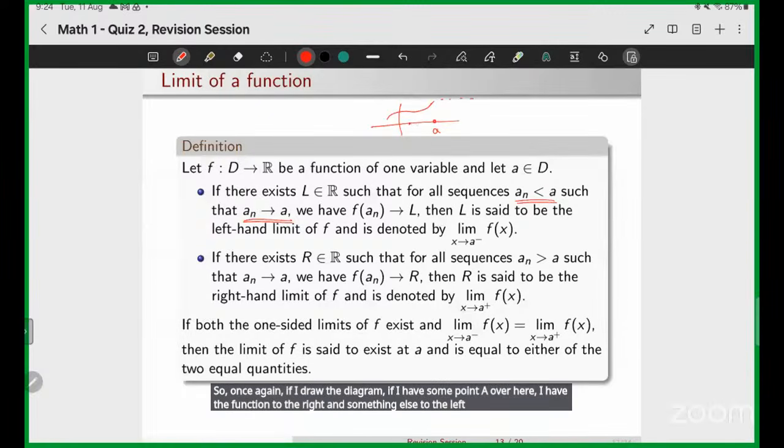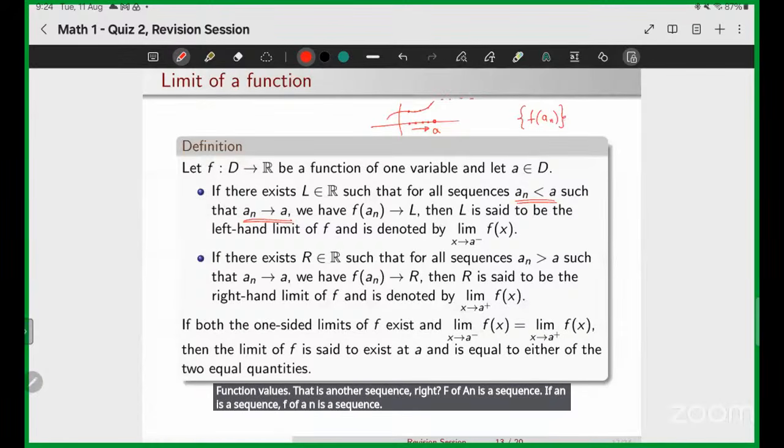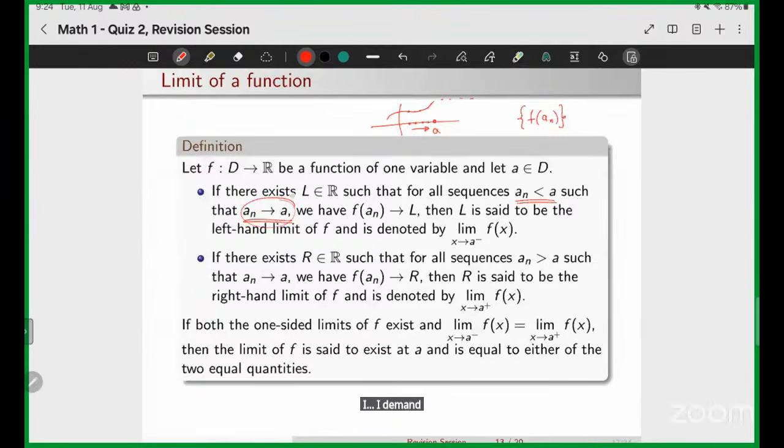Now I look at a sequence of points that converges to a, and I look at the corresponding function values. That is another sequence, right? If a_n is a sequence, f of a_n is a sequence. I demand that if a_n goes to a, then f of a_n should be a convergent sequence. It might converge to something, and this has to happen for all sequences.